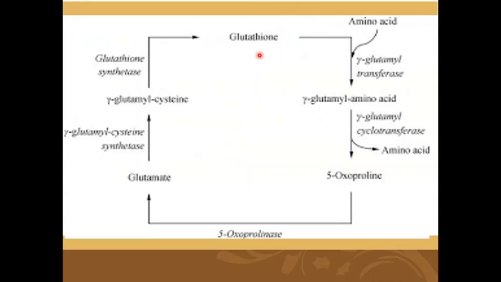You can see here the gamma glutamyl group is transferred from glutathione. The acceptor is the amino acid, and a gamma glutamyl amino acid is formed. Here the enzyme is gamma glutamyl cyclotransferase, and here is the gamma GT, gamma glutamyl transferase, and in this way glutamate is formed.